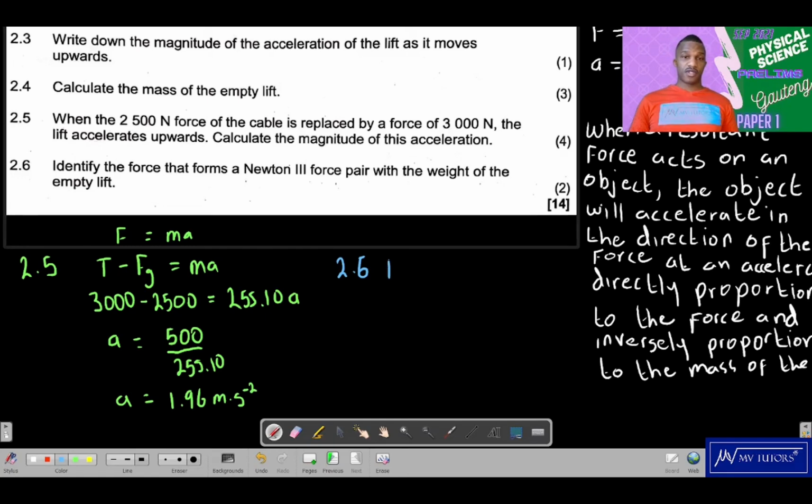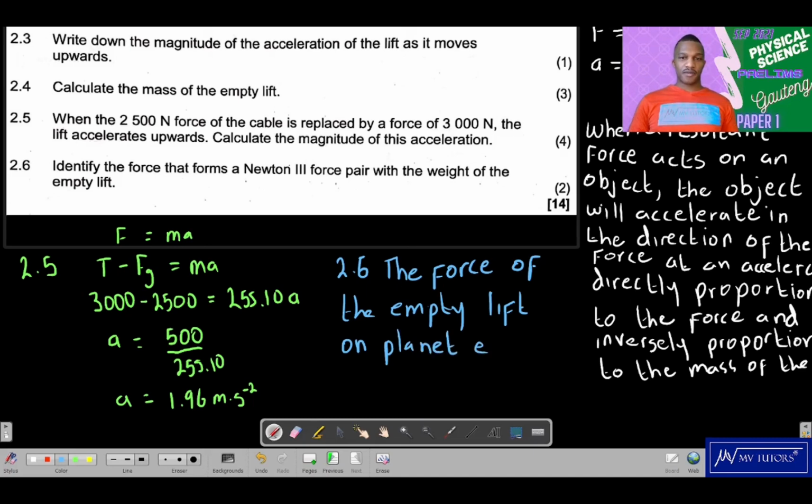Let's write that down. The force of the empty lift on planet Earth. I know it sounds silly, but remember, we are still on Earth.